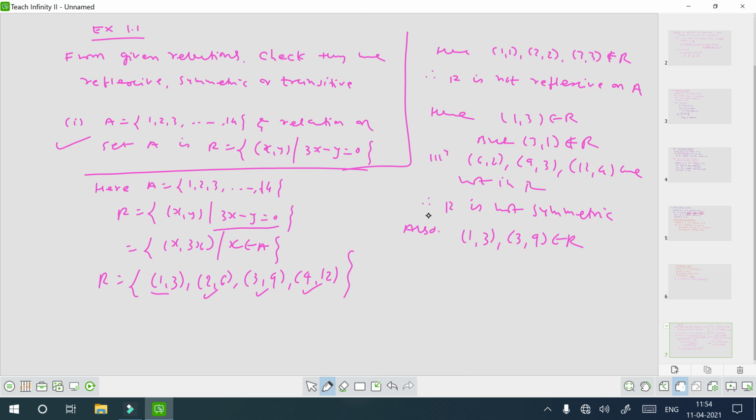If xRy and yRz, then we have to check xRz. Here xRy and yRz are there, but (1, 9) is not in R. And therefore R is not transitive. Clear? Today we are going to see up to this stage.